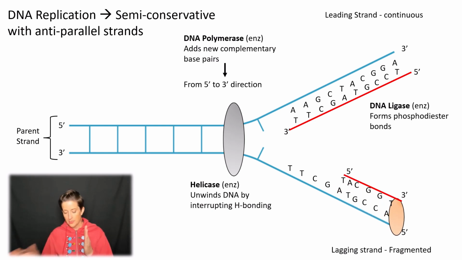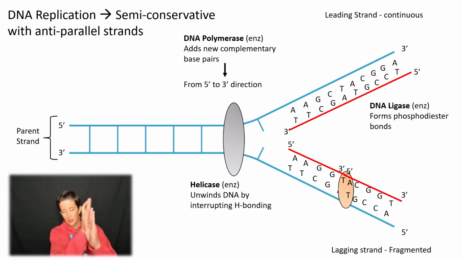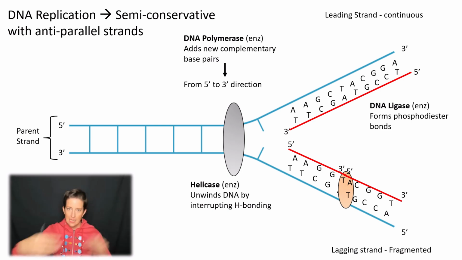So that will go down and make that segment. Then we'll get that again, and it's going to loop back, go down and make that segment, loop back, go down, loop back, go down. And then DNA ligase follows behind and creates those phosphodiester bonds. So that is the process.